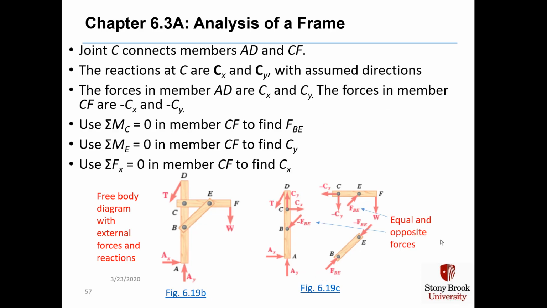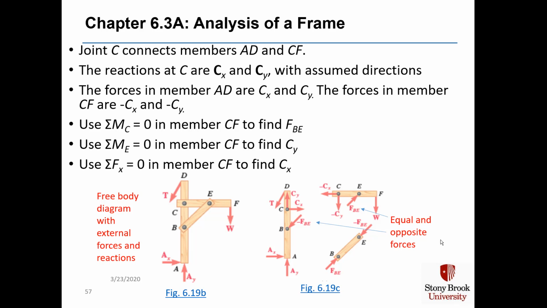Joint C connects members AD and CF, and the reactions at C are C sub x and C sub y with the assumed direction shown. The forces in member AD are C sub x and C sub y, and thus the forces in member CF are minus Cx and minus Cy.